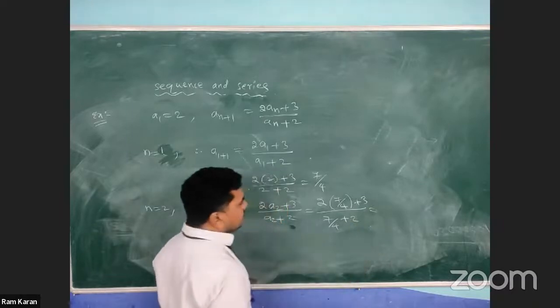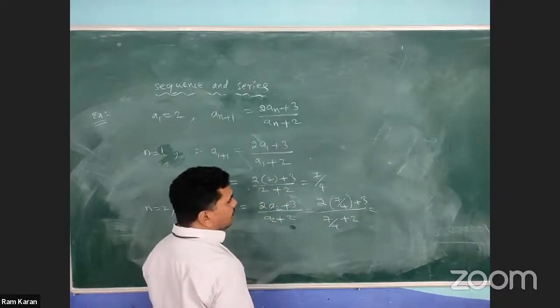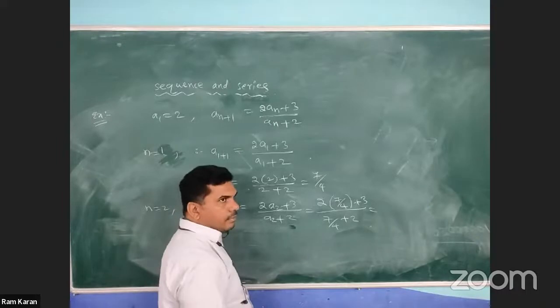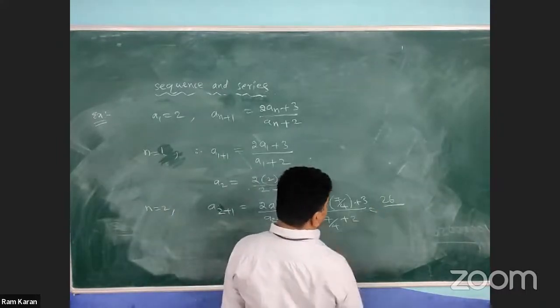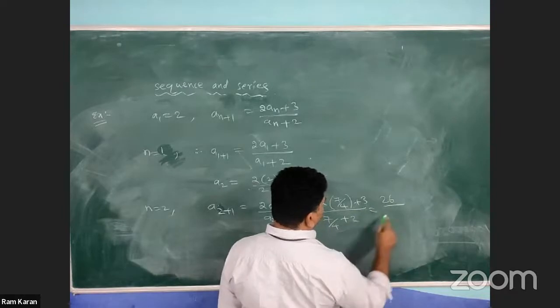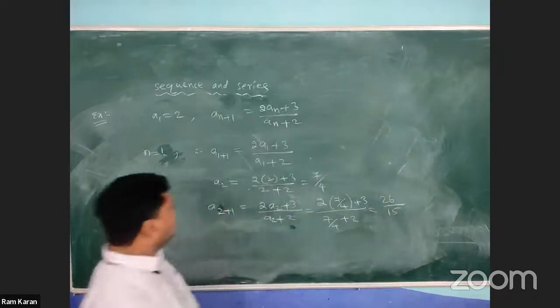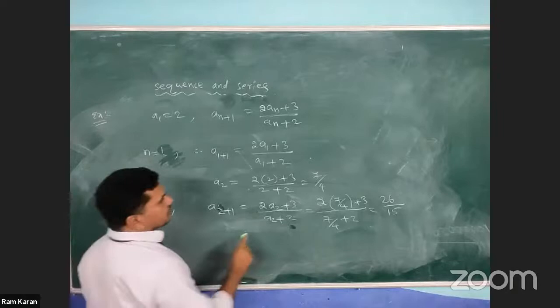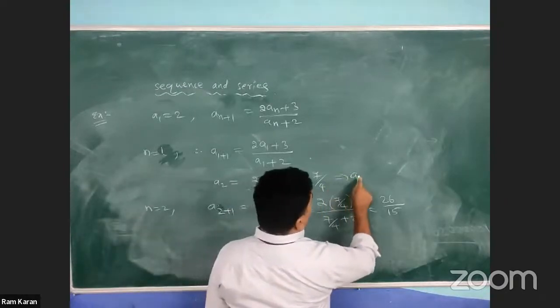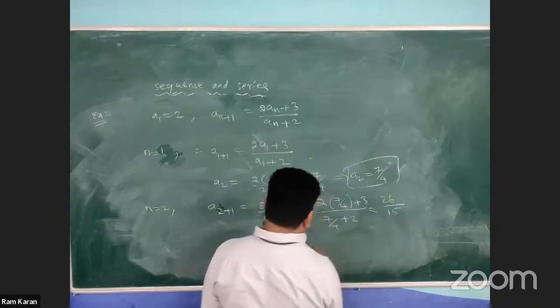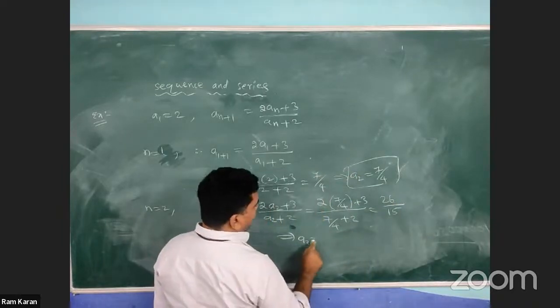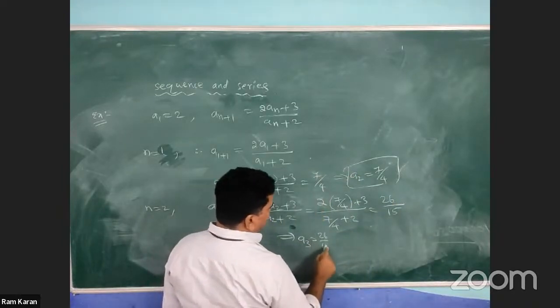LCM is 4, giving 12 plus 14, 26, divided by 4 into 2, which is 8 plus 7, 15. So a_2 is 7 by 4 and a_3 is 26 by 15.